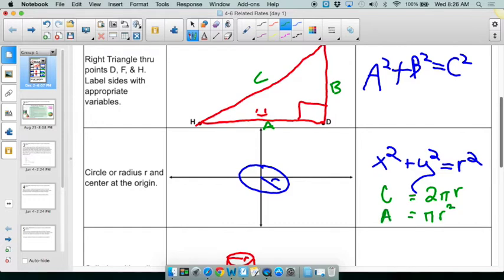Okay, so those are other two things relating to circles that we will end up using as well. The nice thing is that when we're dealing with two-dimensional objects, we only have one variable over on the right-hand side. So the nice thing there is that the derivatives become pretty straightforward. Okay?